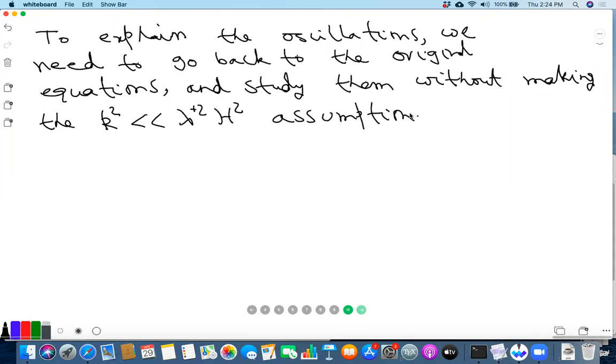Okay, so let me write these equations again, which you have seen many times, but you have to see it once more. So the first equation was 3h psi b dot plus h phi b.